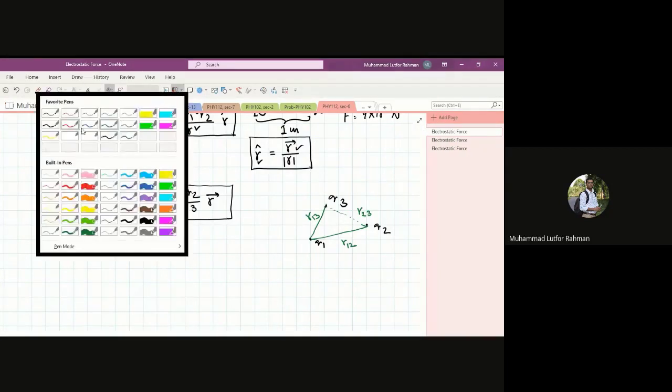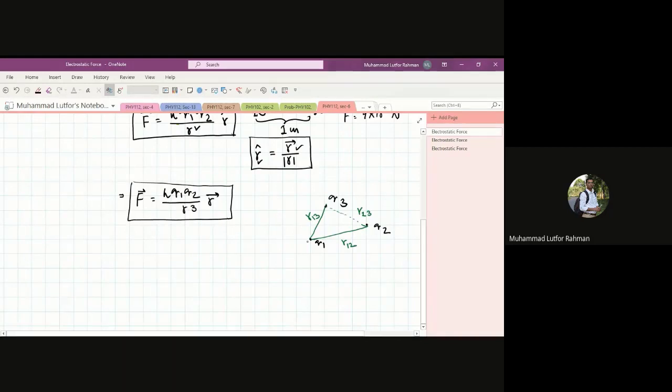So fine. Then I can say Q1 is positive and Q2 is positive. I'm going to find the forces on each of these charged particles. That is also called the free body diagram. So if I ask you how many forces will be acting on this Q1?